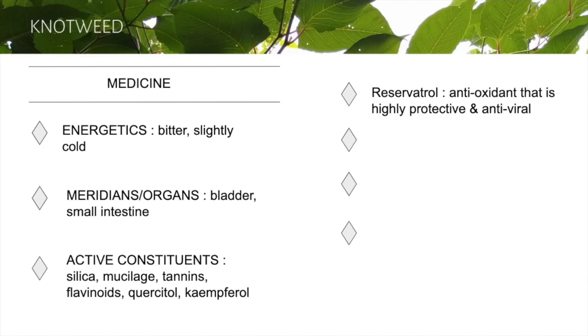What the flavonoids do, resveratrol being one of them, is they are produced by the plant to protect the plant from external conditions, and especially the fruit, protecting the formation of its seeds so it can reproduce.